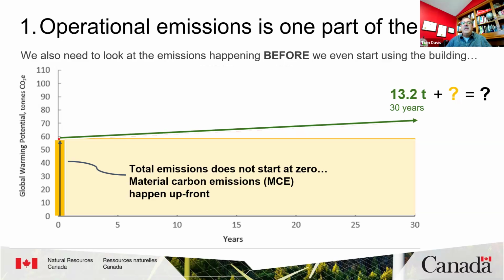And all the operational carbon emission needs to be added to that first burst of material-related emissions. MCE squared is designed to help us understand and estimate the height of this yellow line so that we can see the full emissions profile of the house. So again, I refer to it as the day that you open the front door for the first time.